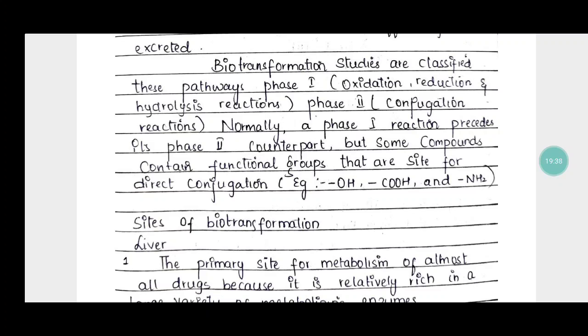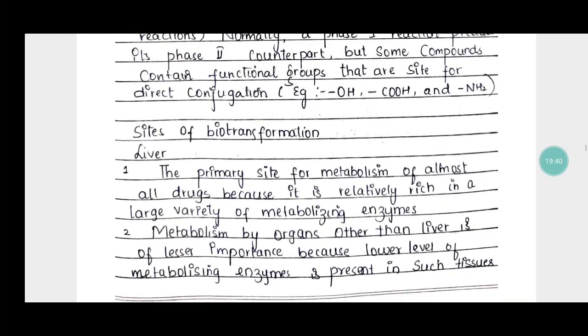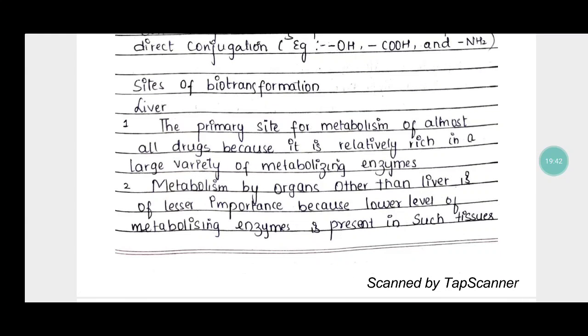So, sites of biotransformation are: Number one, liver. Liver is the most important active hepatic site of biotransformation. It is the primary site for metabolism of almost all drugs because it is relatively rich in a large variety of metabolic enzymes.